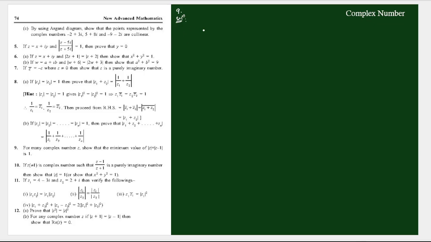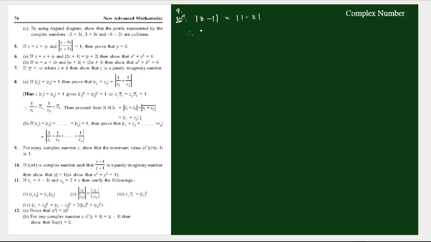Okay, we'll do one trick. Since it is given in modulus, modulus of z minus 1 we can write as modulus of 1 minus z.